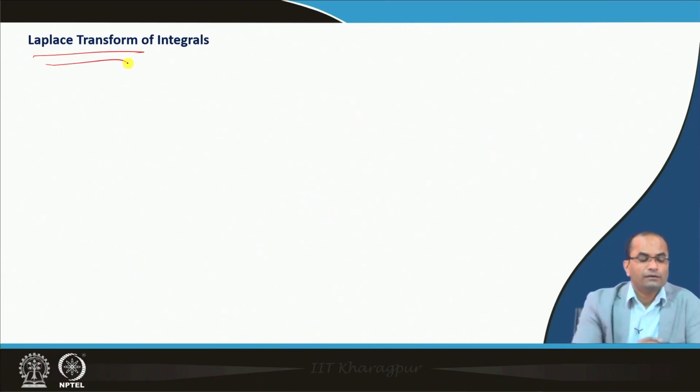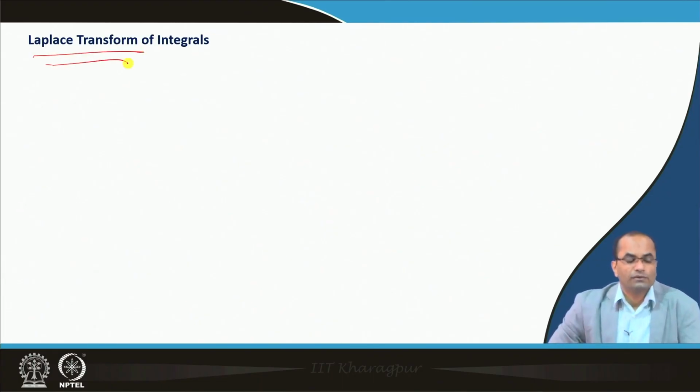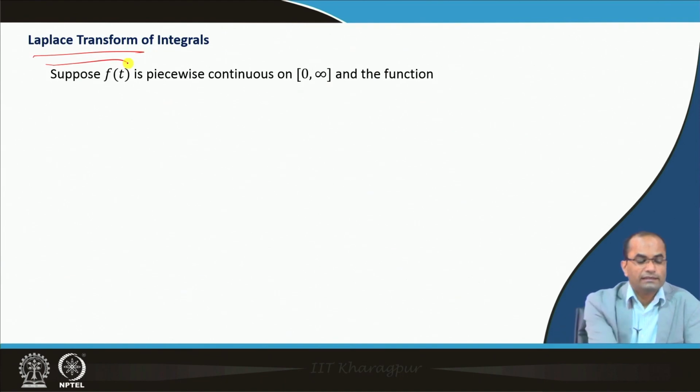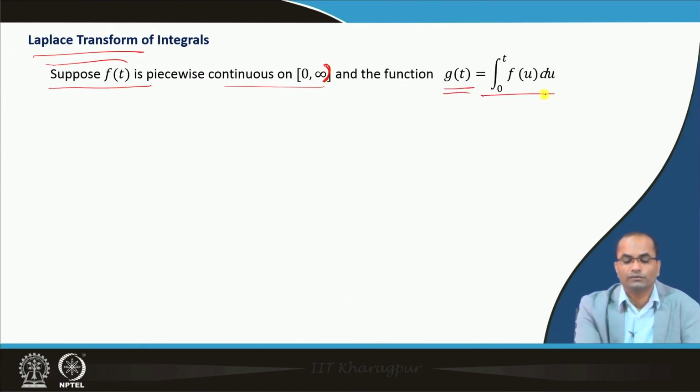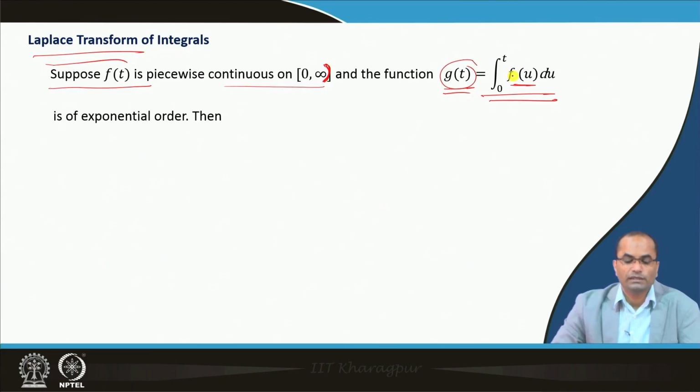Now, finally, we want to discuss the Laplace transform for integrals. Here we assume that f(t) is piecewise continuous on the interval 0 to infinity, and the function g(t) is the integral from 0 to t of f(u) du.